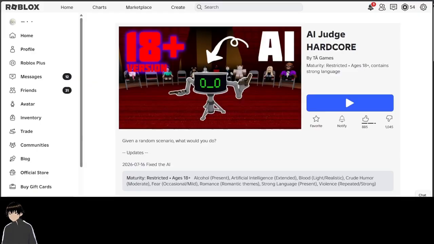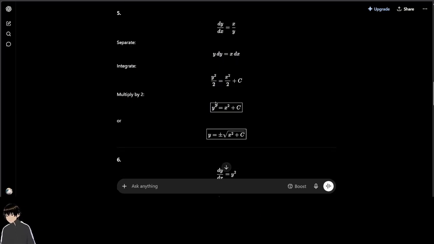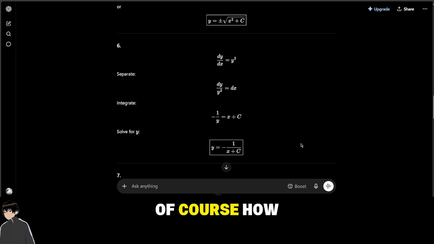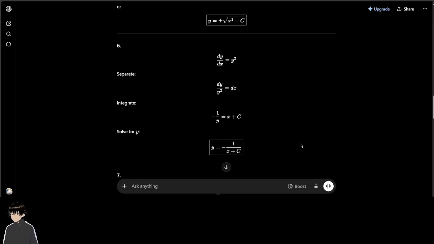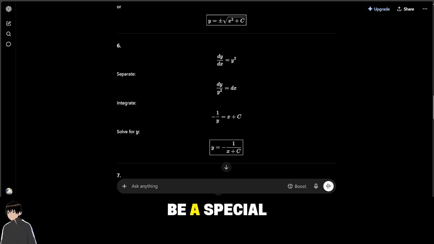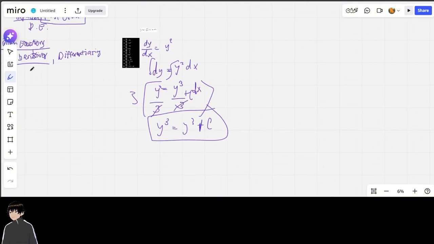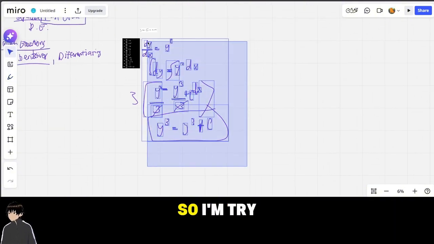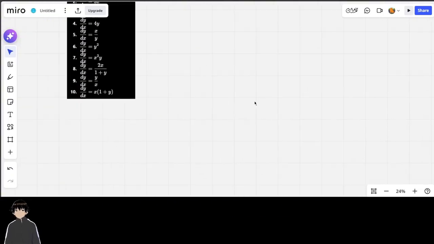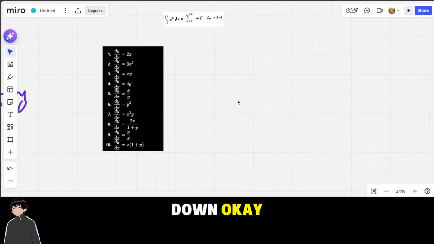Let me just see here. Of course. How typical. There's always going to be a special case. So I'm just trying to rederive everything from the solution down, from the answer down.